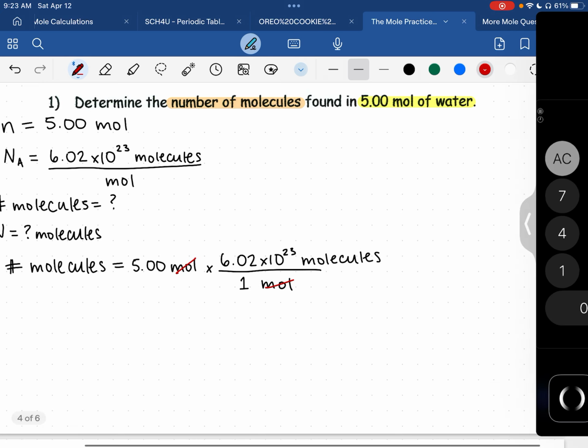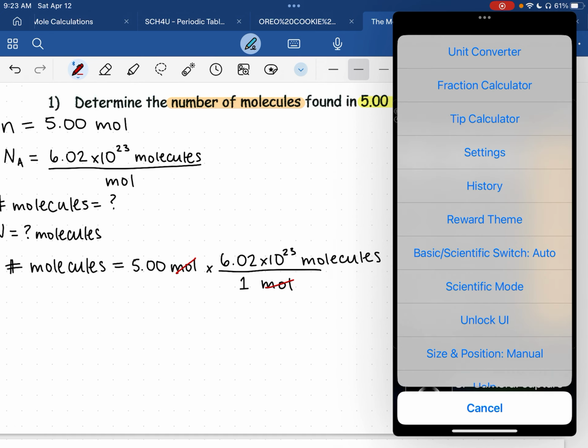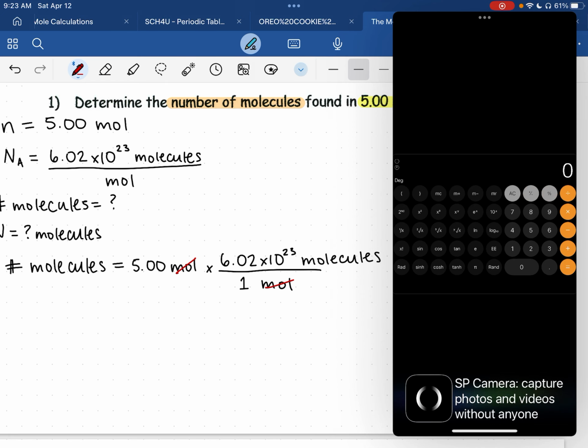So when I put this into the calculator, I have a calculator here now. Let's put it in the scientific calculator so that I can do my scientific notation. I have 5 times 6.02. I'm using this EE right here. For some reason, this 10 to the x, I'm not really sure what this button on this calculator does, but this is the scientific notation button.